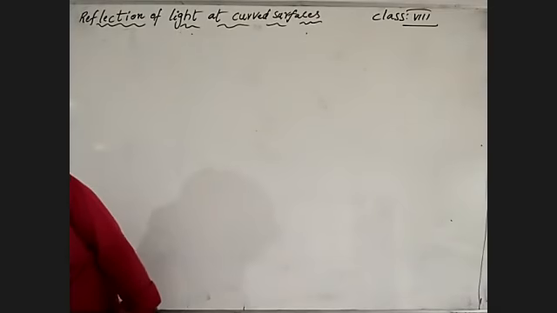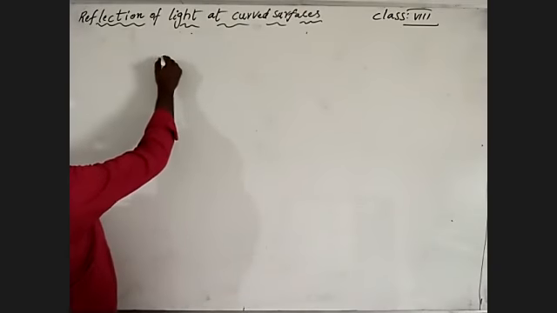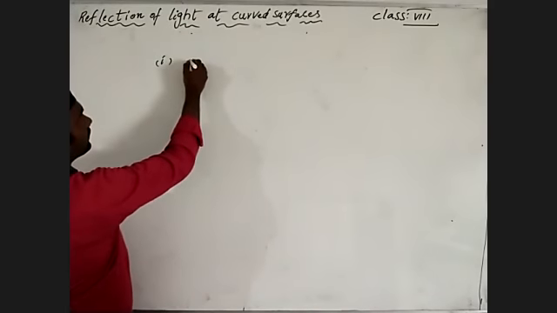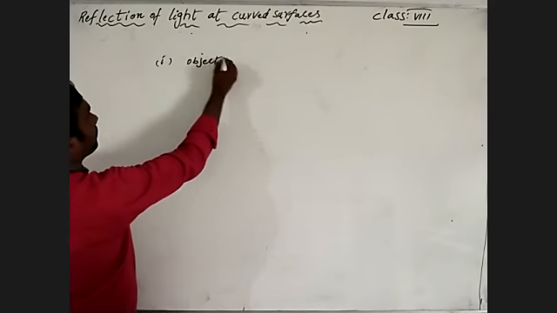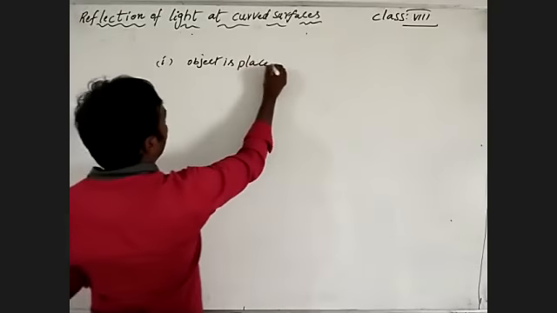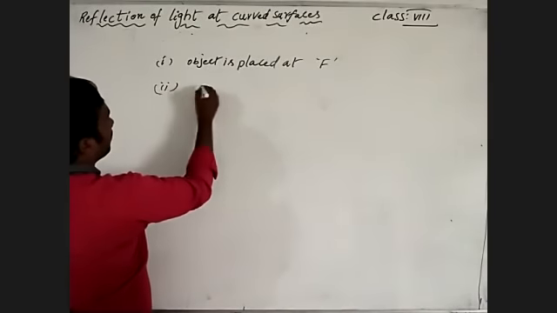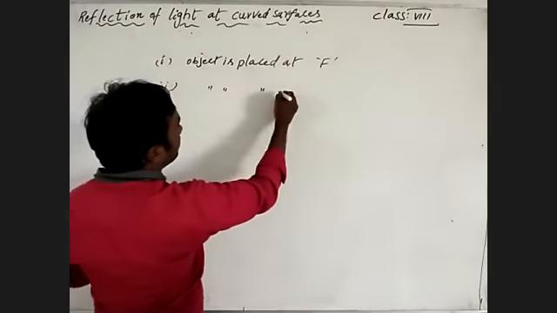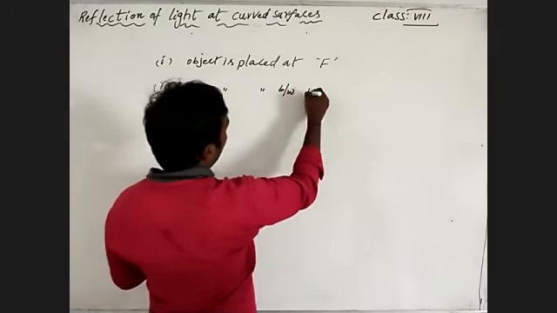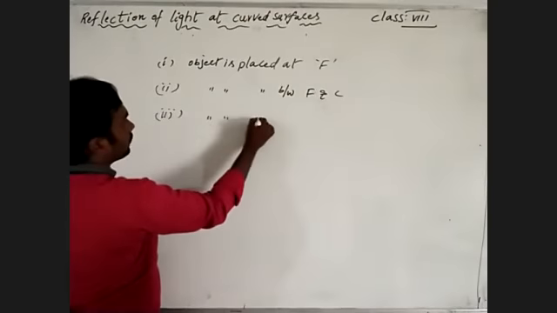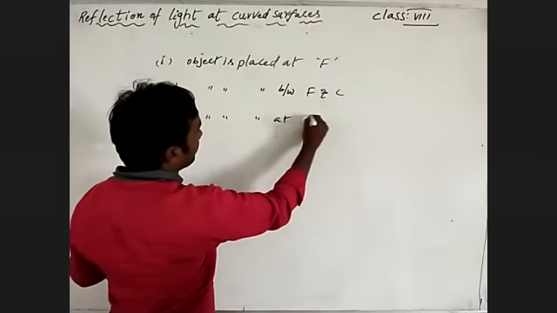Okay, so we have to recall what we finished. First, the object is placed at focus. Second, between focus and center of curvature. Third, at center of curvature.